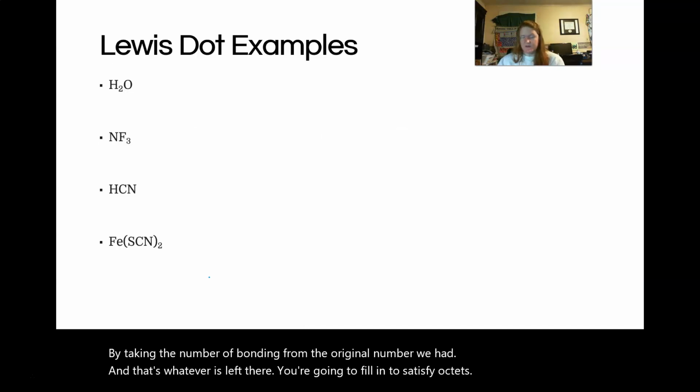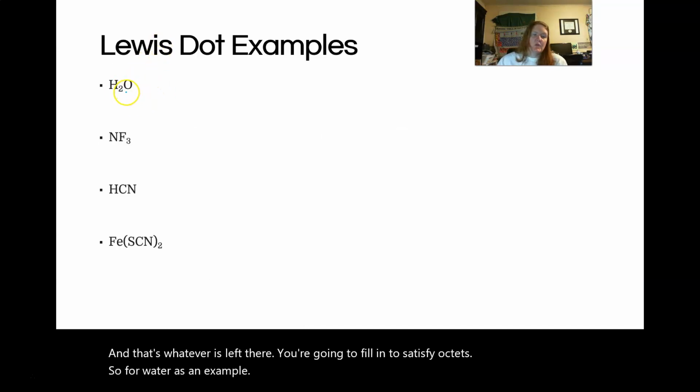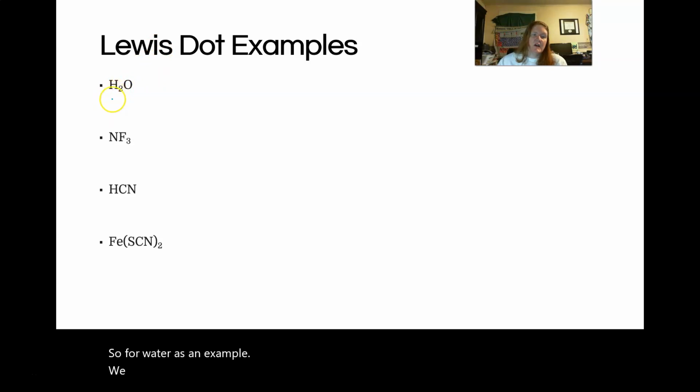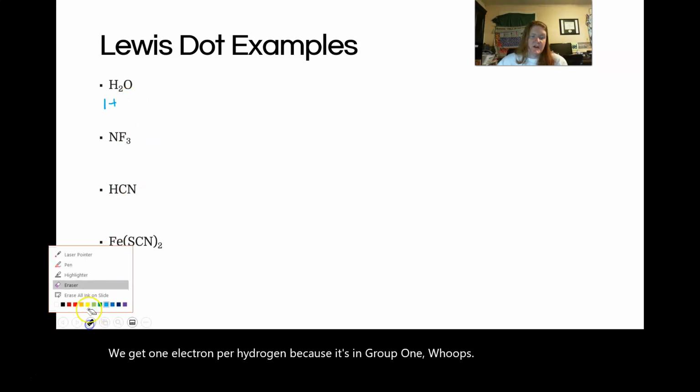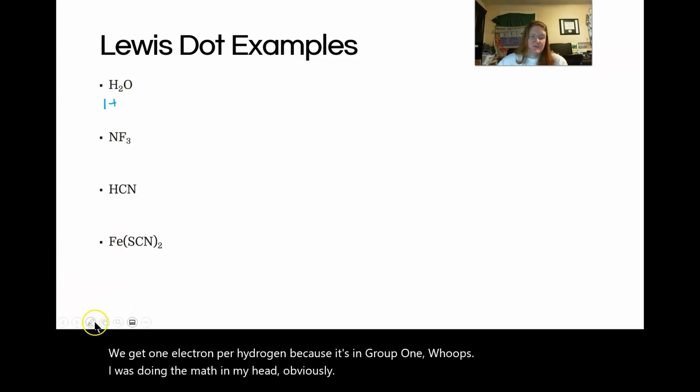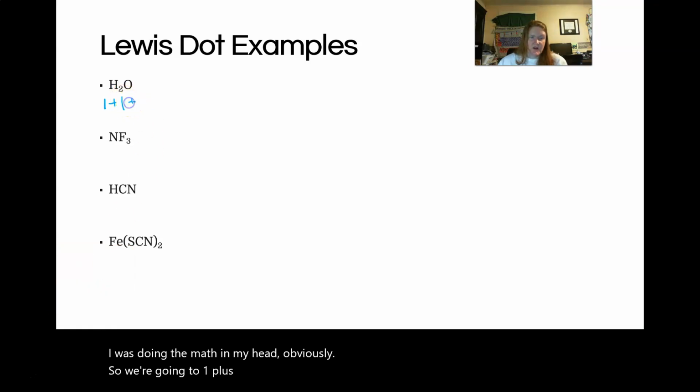So for water, as an example, we get 1 electron per hydrogen because it's in group 1. I was doing the math in my head, obviously. So we're going to go 1 plus 1 for each hydrogen. And then oxygen is in group 16 which means it has 6 valence electrons.